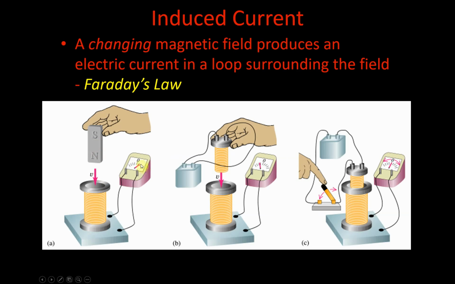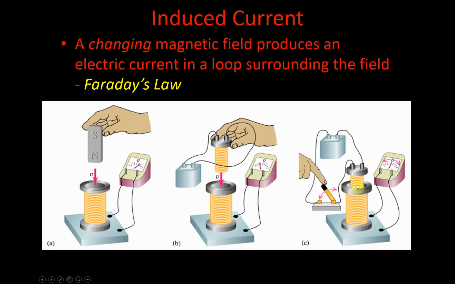And if you wanted to end up with a bigger current, you could move this magnet faster. And that works with either a magnet, or you could do this with an electromagnet. The great thing about an electromagnet is if you want to swap the poles, you can simply switch these two wires around, as opposed to turning your magnet upside down.